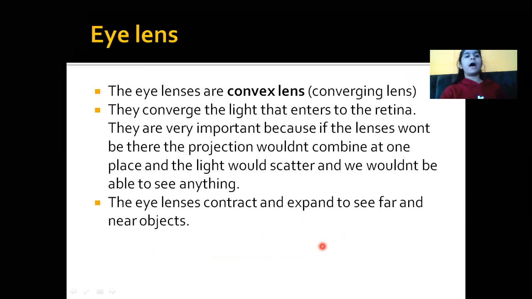Now let us talk about the eye lens. Lens, आपने कभी लेंस देखा है? Have you ever seen a lens? There are two types of lens: convex lens and concave lens. Convex lenses are the converging lenses. वो light rays को ऐसे converge करते हैं.